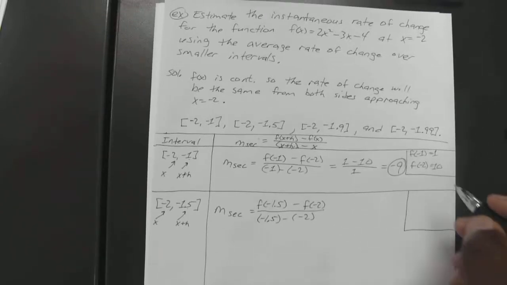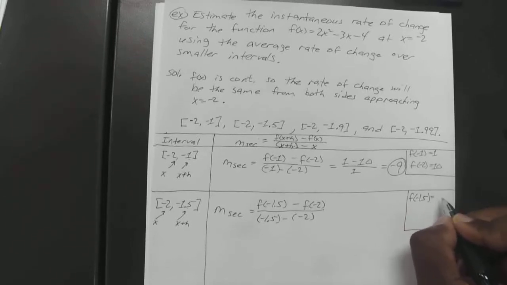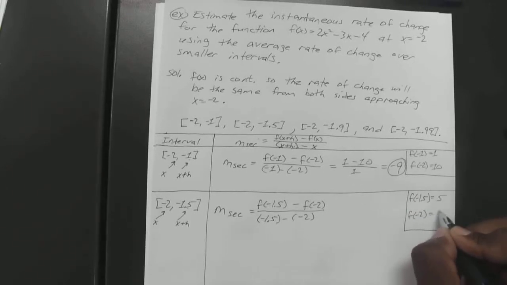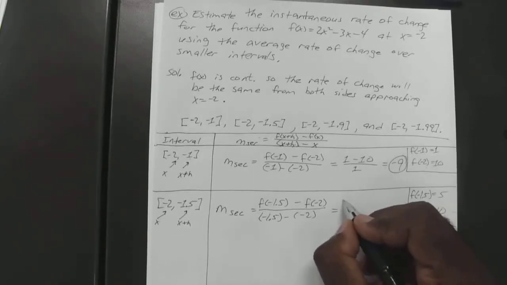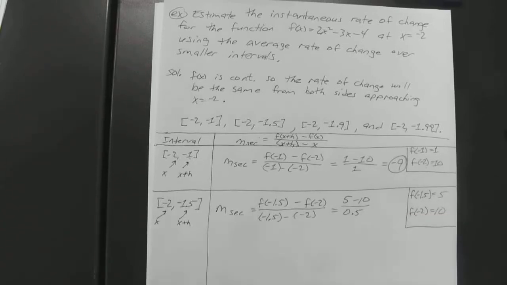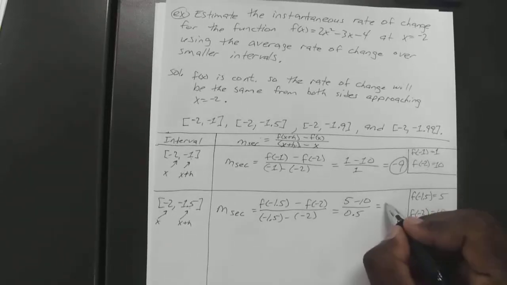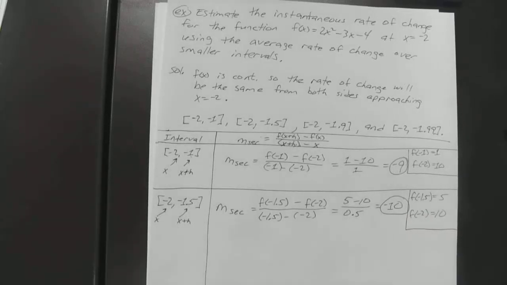It was worked out ahead of time, so f of -1.5 is equal to 5, and f of -2 is still 10. So we end up with 5 minus 10 over 0.5. You notice our h value got a little bit smaller because we got a little bit closer. That ends up being -10. So our slope went from -9 to -10 once we got a little bit closer.